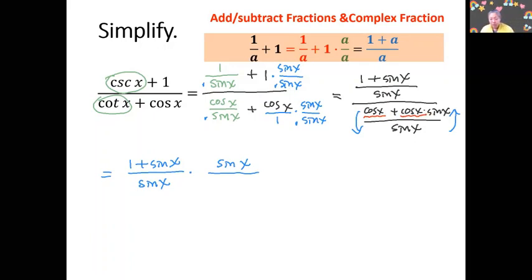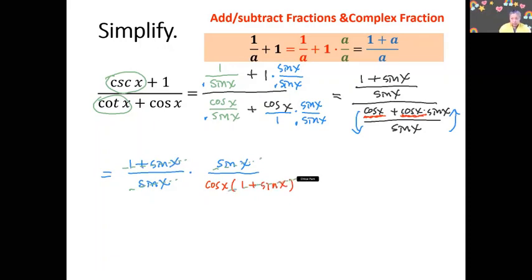Then we can factor the common factor out, and it's going to be cosine x times 1 plus sine x. I just factor cosine x and cosine x from that expression there. But now it's the denominator because we are rewriting a complex fraction, right? Then let's see. I can cancel sine x and sine x. I can also cancel 1 plus sine x, 1 plus sine x.